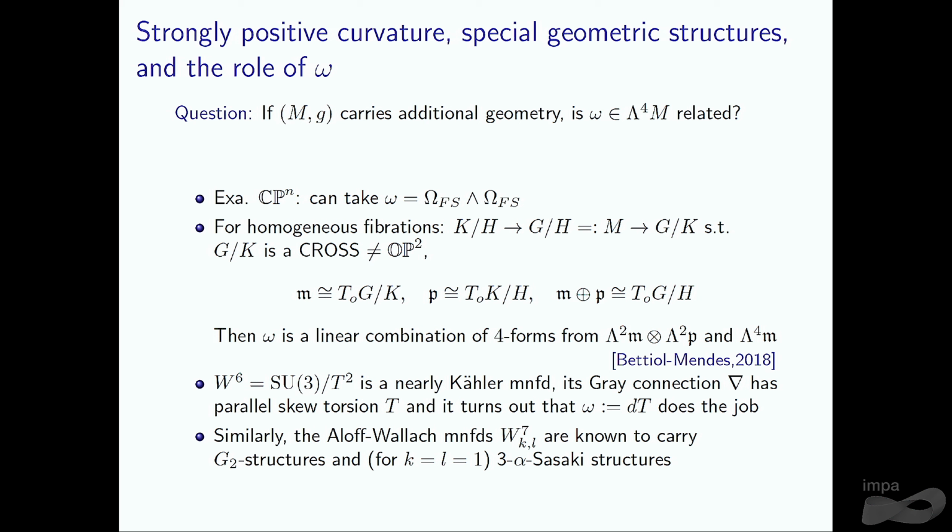Okay, so, well, easy examples. For example, complex projective space: you can just take the complex structure and wedge it with itself, and this does the job. So that's certainly a good candidate.